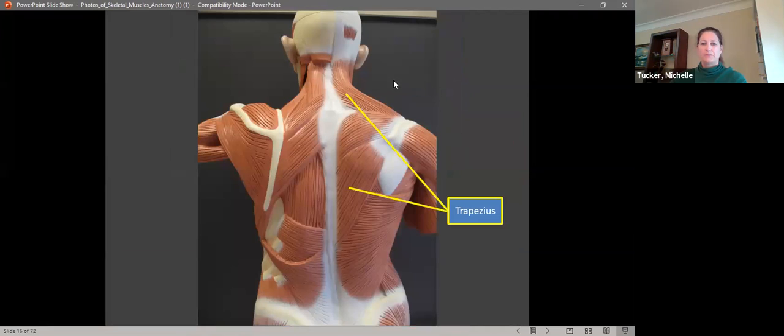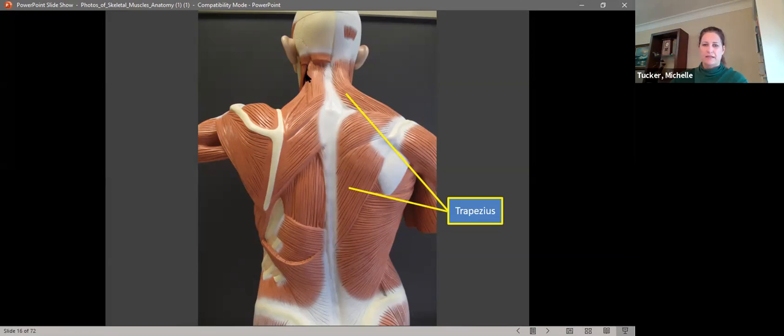Okay, so on our torso model, we have a superficial side and a deep side. The superficial side is going to show superficial muscles such as trapezius and latissimus dorsi. On the deep side, we've cut those muscles away so that you can see what's below them.